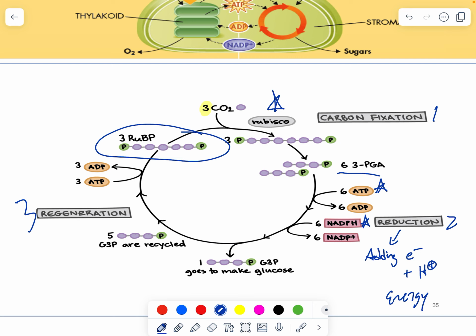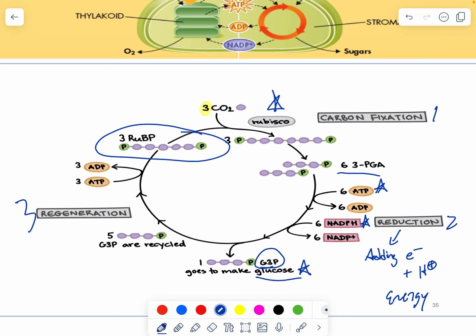That has energy in it. Hydrogens have energy with electrons. And so we are adding energy, power to it. And then that, of course, makes a product, G3P technically, don't need to know that, but we're basically making glucose. That's what you need to know, making glucose.